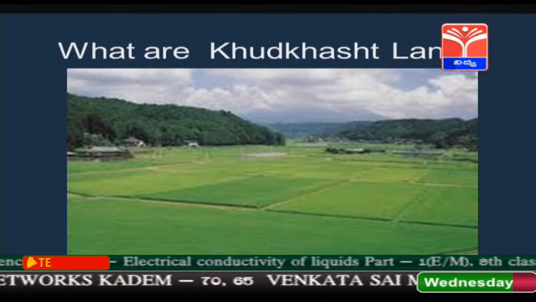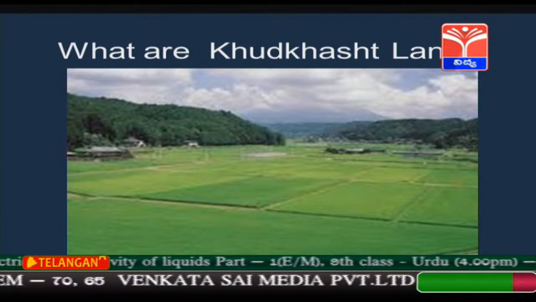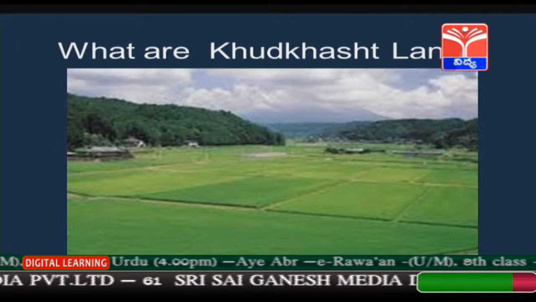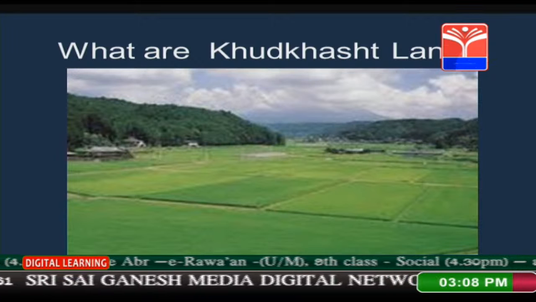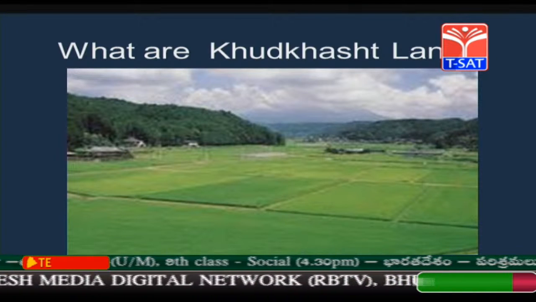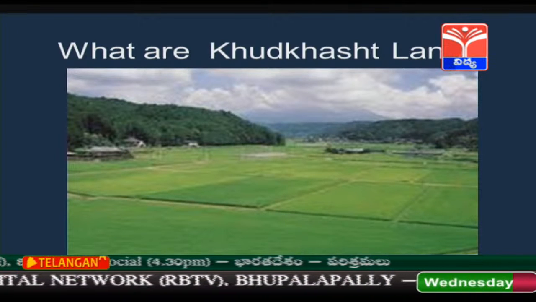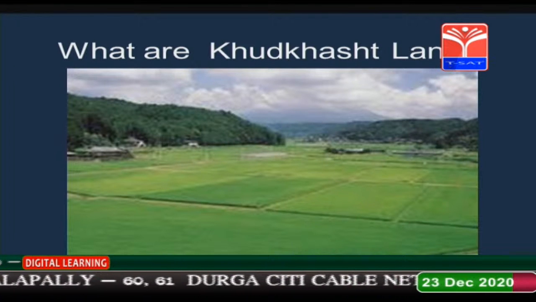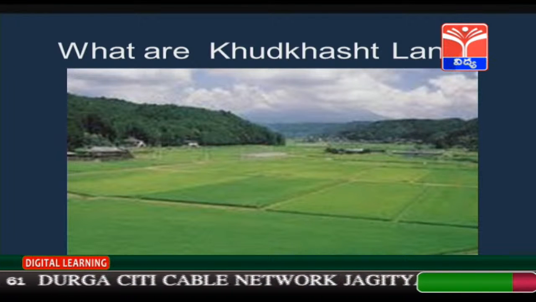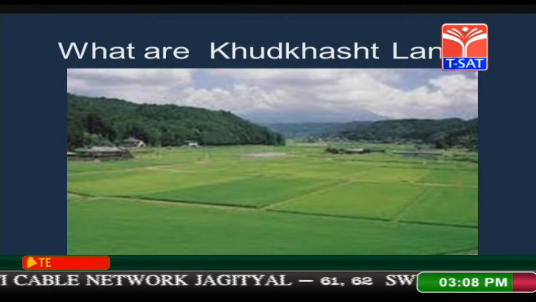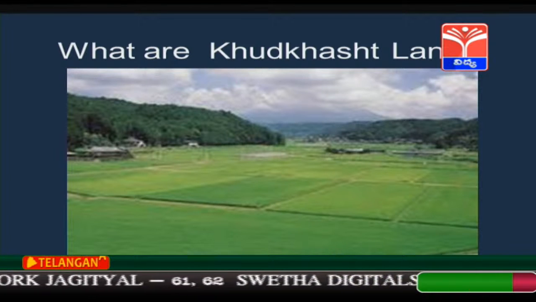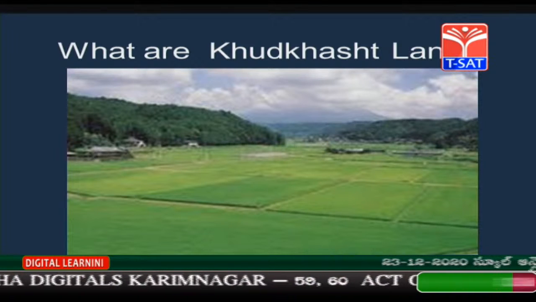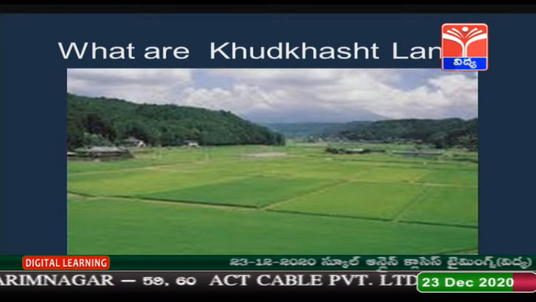These lands are cultivated by the peasants or tenant cultivators with the help of laborers. Once again, what are Khudkasht lands? The Jamindar's owned lands or self-cultivated lands are called Khudkasht lands.